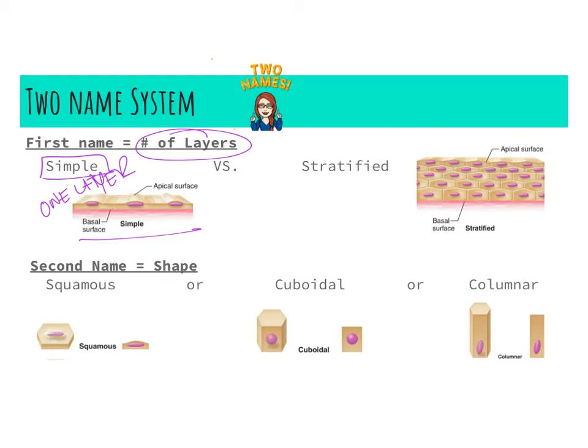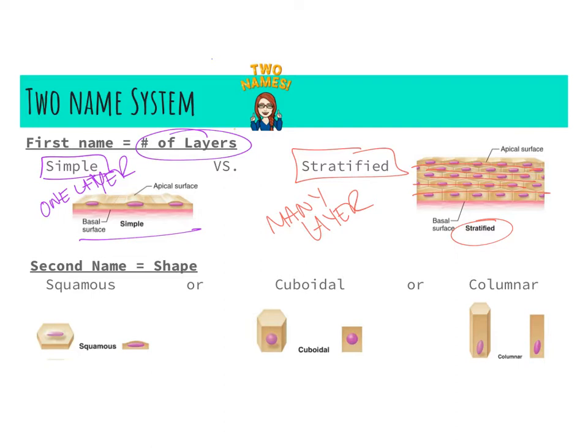Next, some epithelial tissues are what's called stratified. Stratified means many layers. If you look at the image, you can see that this tissue is stratified, which means it's composed of many layers of cells stacked upon each other.